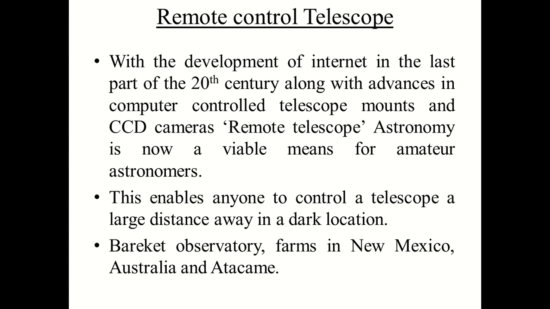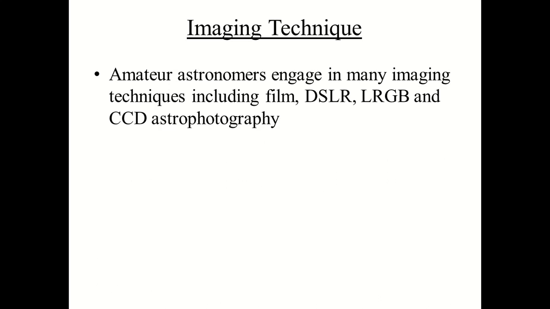And another method usually used by amateur astronomers is imaging techniques. Amateur astronomers engage in many imaging techniques including film, DSLR, that is digital single lens reflex cameras, LRGB, that is luminance, red, green, blue, and CCD, that is charge coupled device, astrophotography.